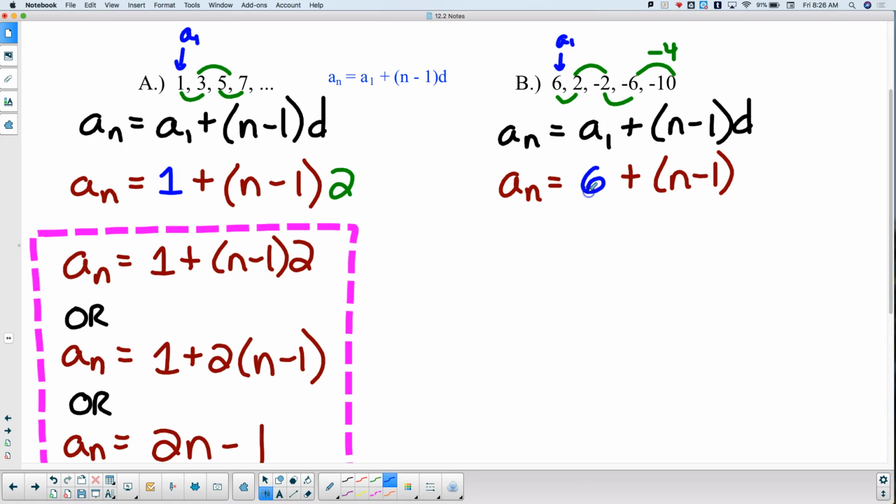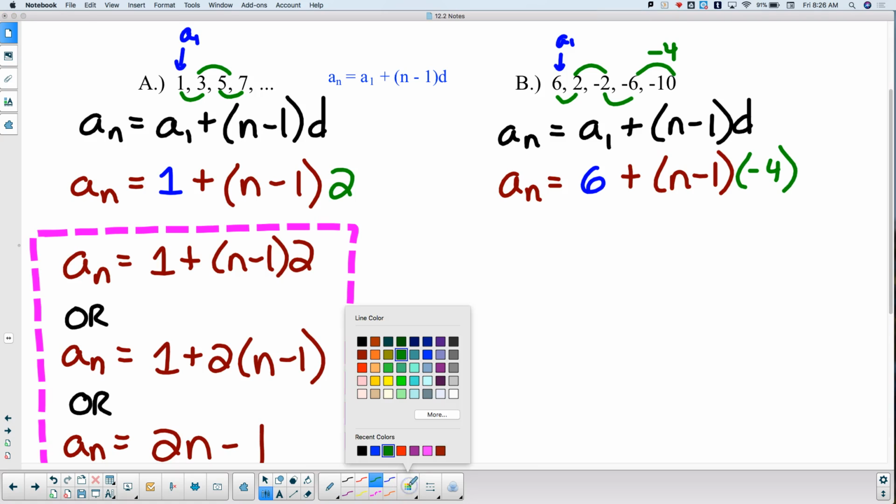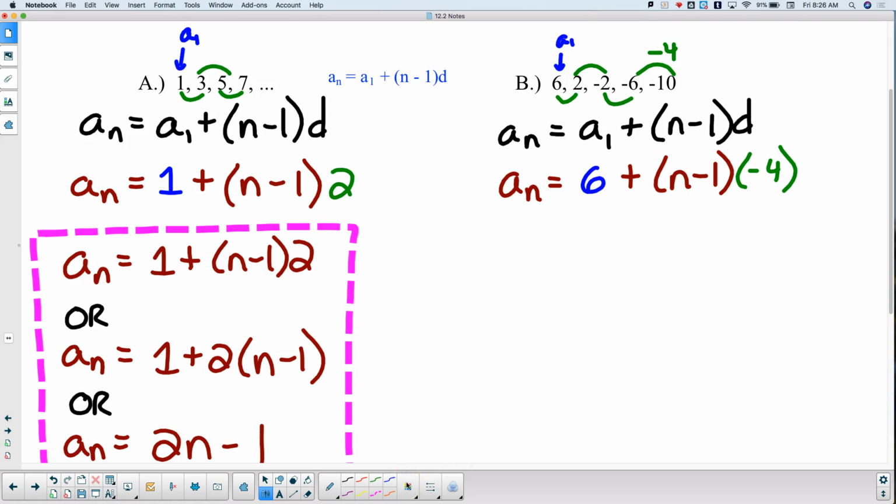I get 6 for my first term, and I got -4 for my common difference. That gives me a sub n is equal to 6 plus the quantity n minus 1 times -4 as my basic.